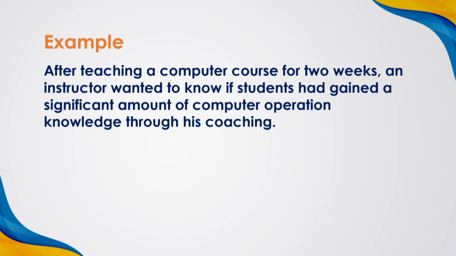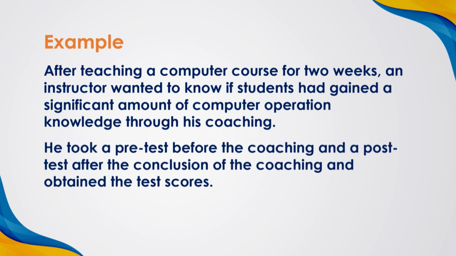Example: after teaching a computer course for 2 weeks, an instructor wanted to know if students had gained a significant amount of computer operation knowledge through his coaching. He took a pre-test before the coaching and a post-test after the conclusion of the coaching and obtained the test scores.